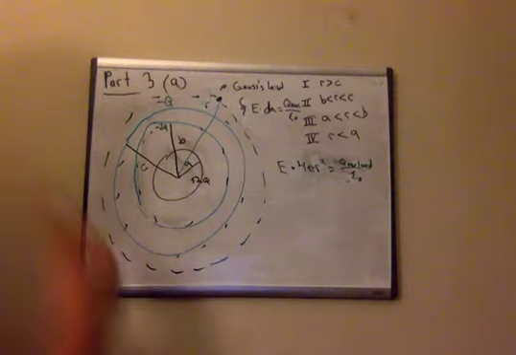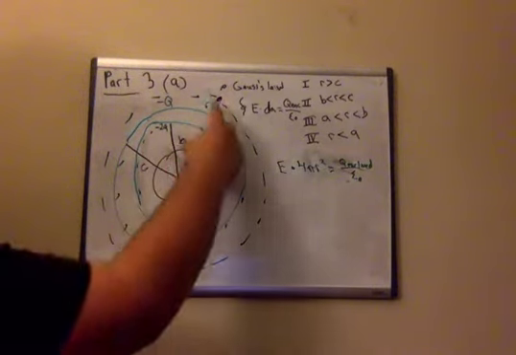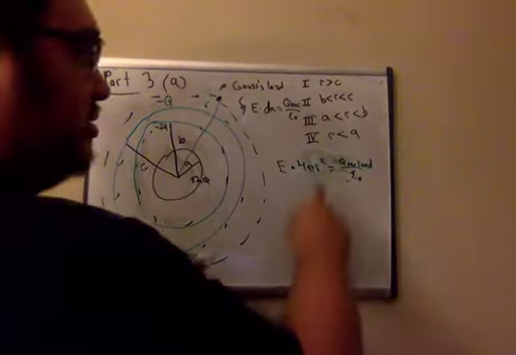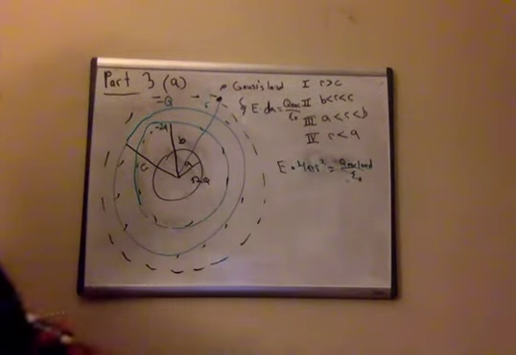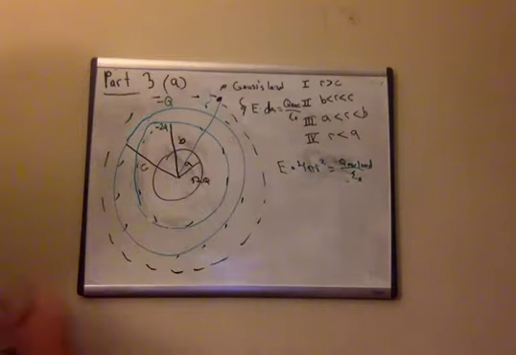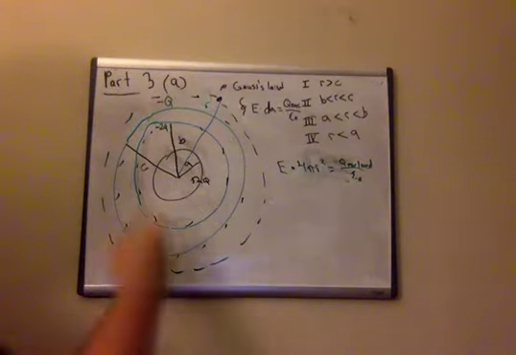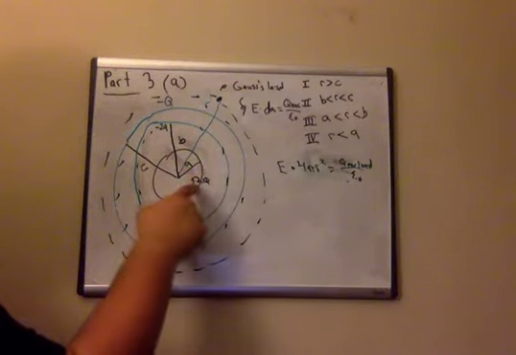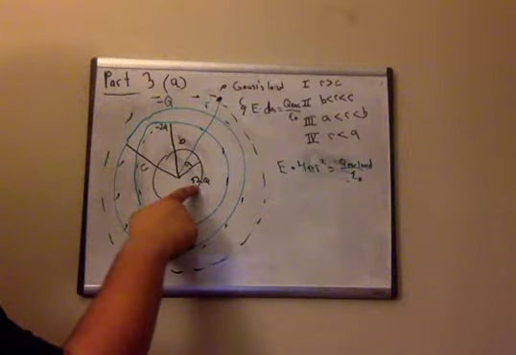And so for part 1, when the radius is larger than c, you can see that the charge enclosed is essentially the overall charges added up, right? The sum of the overall charges. So what we have is a -3 charge plus a +2 charge.